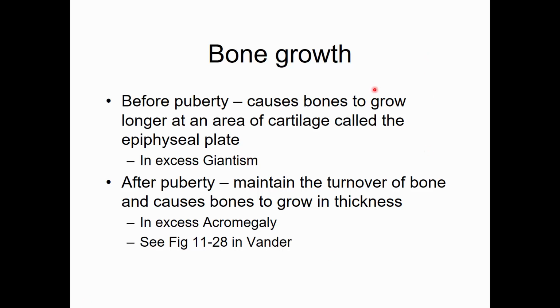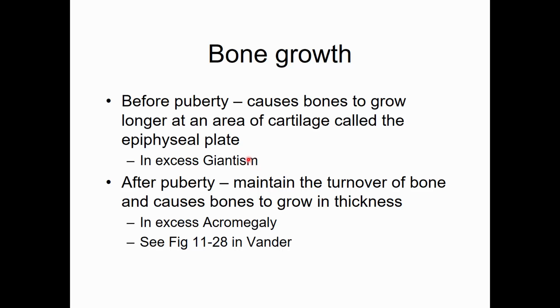Now, it depends on where you are in the lifespan as to what excess growth hormone does to you. If you're not completed with puberty and you have an excess of growth hormone, you will continue to grow the bones, and you'll be taller than average, and you'll have something called giantism, or another term is gigantism.